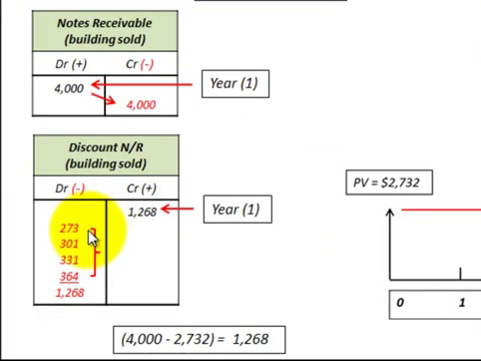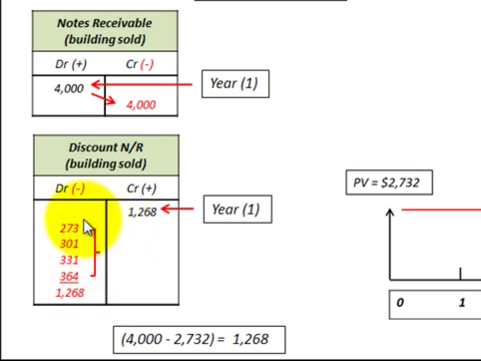For each of the next 4 years, the interest revenue that we earn on the notes receivable would reduce this discount. So at the end of the 4th year, we have a $1,268 credit balance and a $1,268 debit, so we have a zero discount. Our discount on notes receivable would have a zero balance.